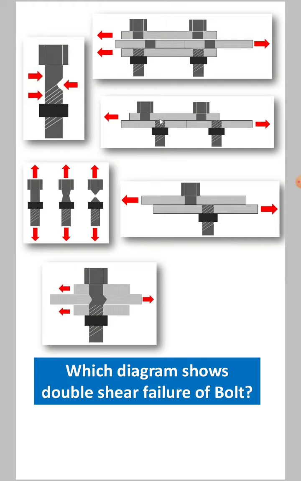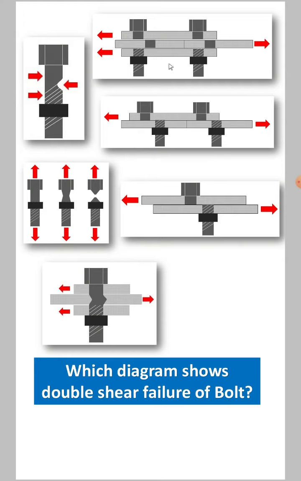Across a single plane the bolt has been sheared off. Now see this one, this is a double cover butt joint. See the upper one, focus on the pointer. This one is the first shear plane, the upper shear plane. This one is the second shear plane, the lower shear plane. Therefore the number of shear planes in which the bolt has been sheared off is 2.